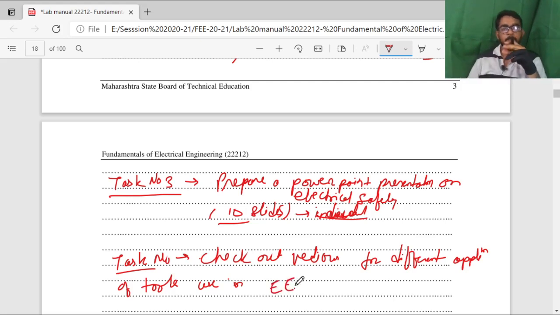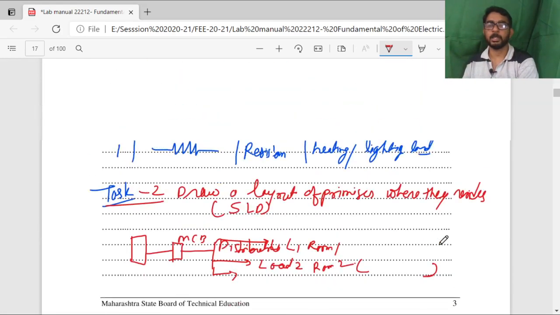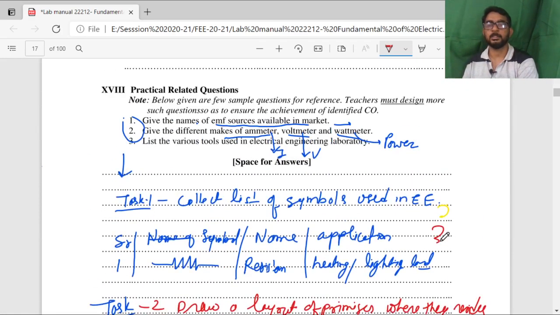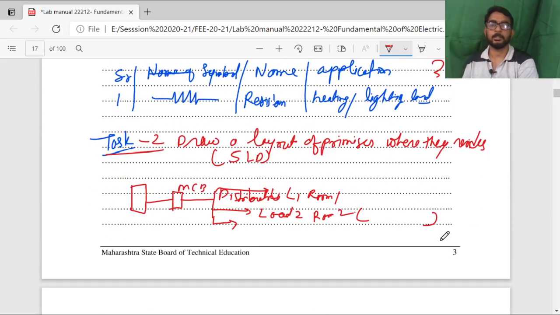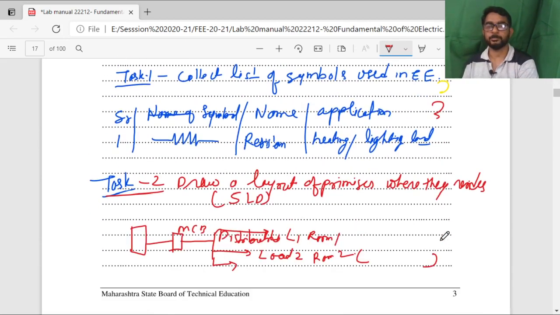They will check out the videos available on the internet or YouTube. For example, if there is a plier, how it is used and what the purpose of the plier is; if it is a tester, what the purpose of the tester is. That will be seen and should be noted down in the practical manual. So in this way, students can complete these 4 tasks in this pandemic situation for practical number 1.